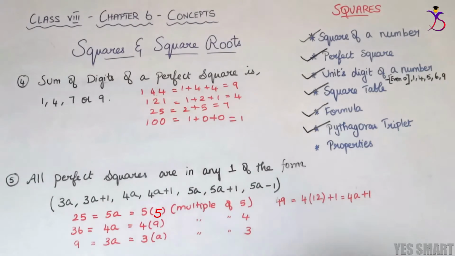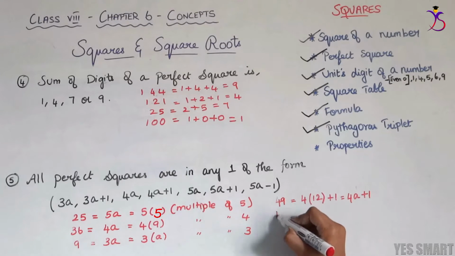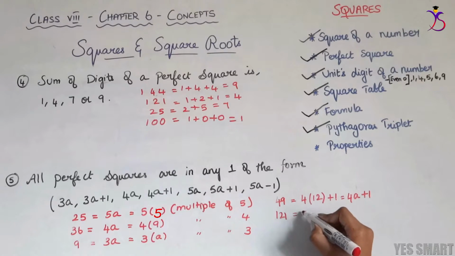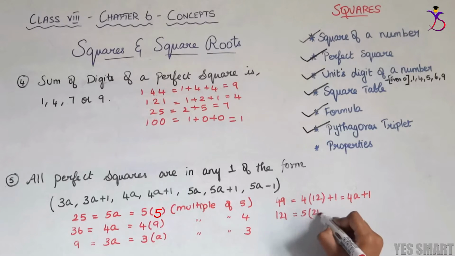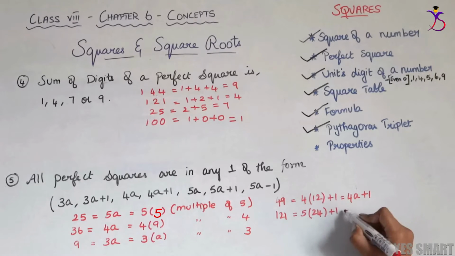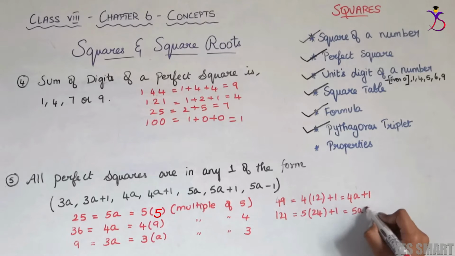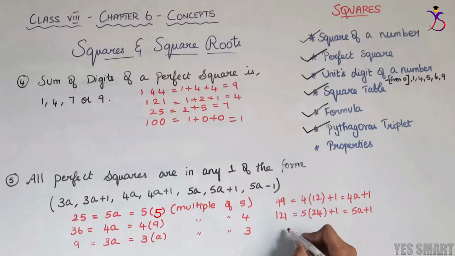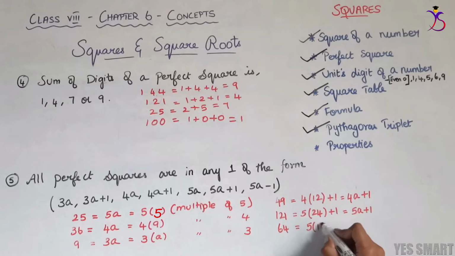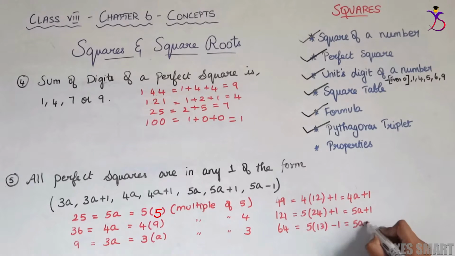Next, we will consider another example, 121. This is equal to 5 into 24 plus 1, that is 5a plus 1. Next, we will take 64, that is equal to 5 into 13 minus 1, which is in the format 5a minus 1.